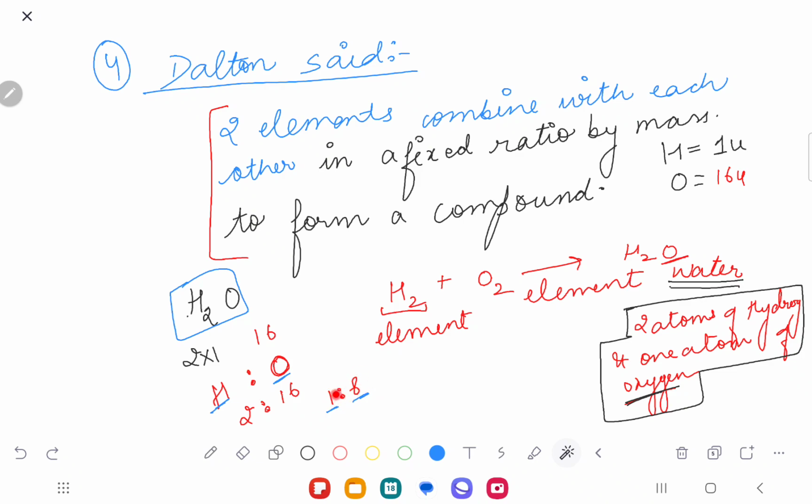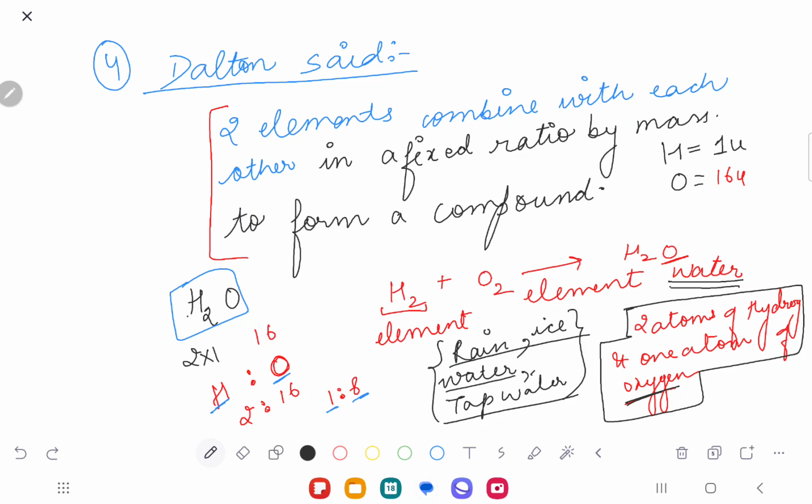It means that no matter what kind of water we are talking about, it could be rainwater, tap water, ice, anywhere in the world, any type of water, water on any planet, the formula shall always remain H2O. Are you understanding? Yes. The formula shall always remain H2O. Understood or not?